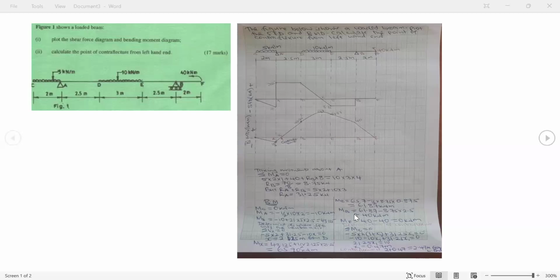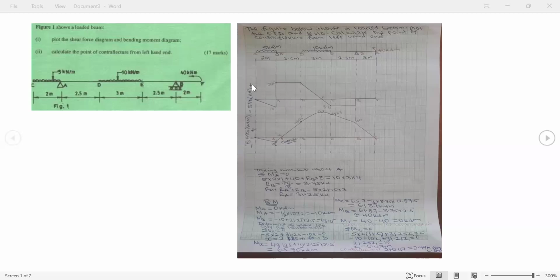Now for us to draw the shear force diagram, we shall draw line CF. As I said earlier, CF will act as our x-axis or the 0 line. And then on my left, I will indicate SFD, kilonewton, which means the unit that will be there is kilonewton.